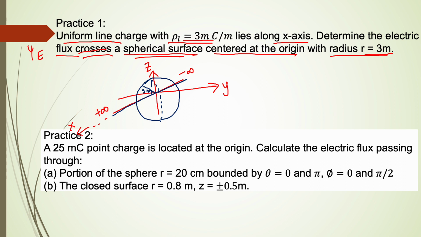So to find that, our ψE equals Q, right? And Q is going to be ρL dl, since the source given to us is ρL. The dl is the same as previously. The dl is a line, so we use cylinder, and since the line lies on the x-axis, it is going to be ρL dx.